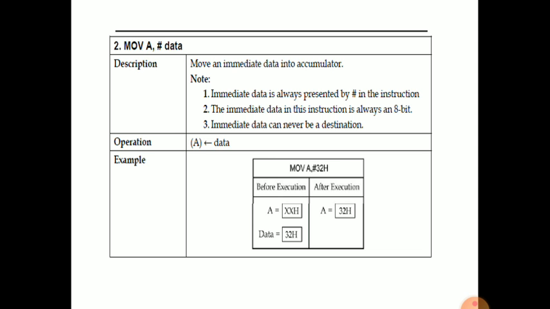After executing this instruction, the contents of the accumulator are copied from the source, that is the immediate data given in the instruction, that is 32H. So the accumulator contents become 32H. Now you know that after execution, there is no chance of retaining that immediate data. If we access the instruction itself, then we can see the immediate data.